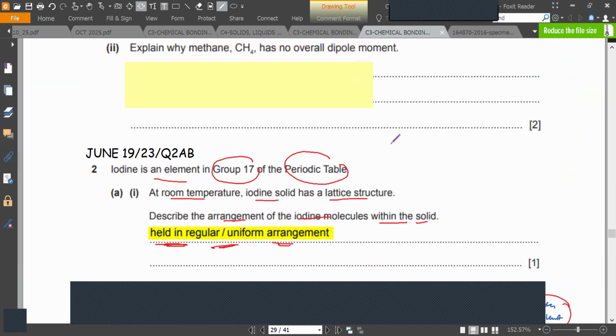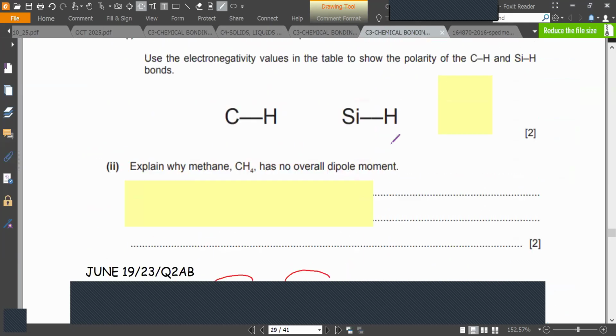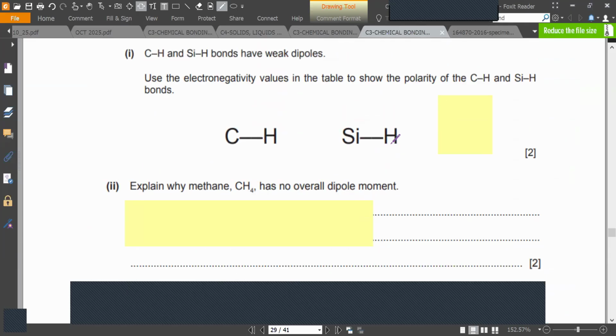Next. Explain why methane has no overall dipole moment. Methane is like this: four groups of electrons, four pairs of electrons in a tetrahedral arrangement, which is symmetrical.